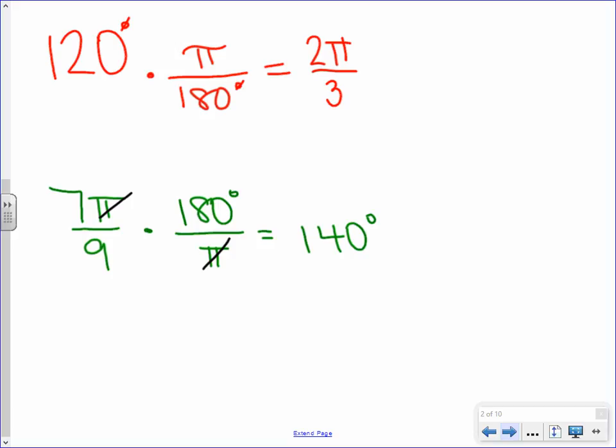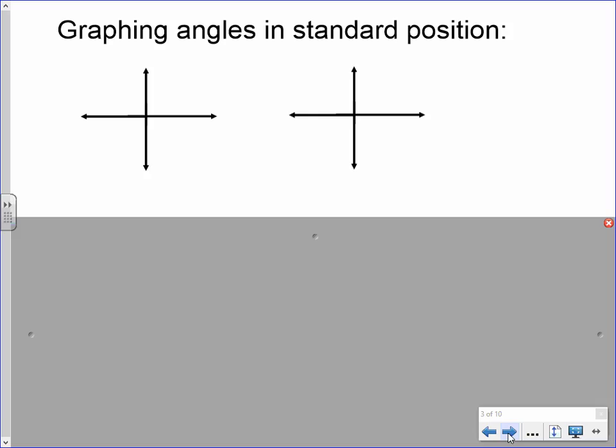All right, let's talk about graphing angles. When we graph angles in standard position, that means that their initial side goes here. And then we draw the terminal side wherever we see fit. So let's remember our quadrants. We have quadrants 1, 2, 3, and 4. That is also how we rotate with our angles.